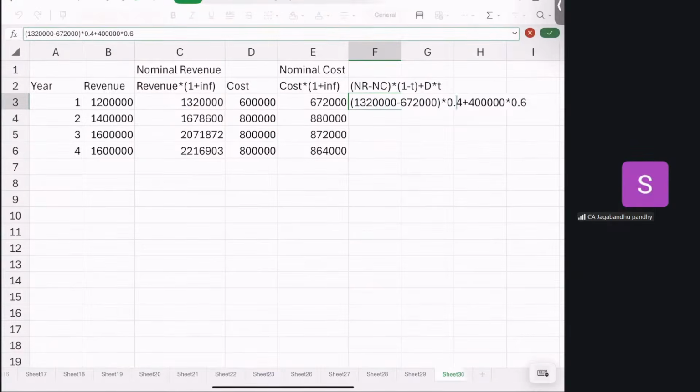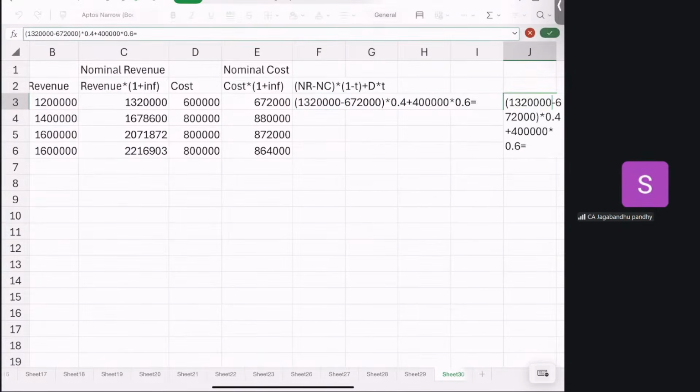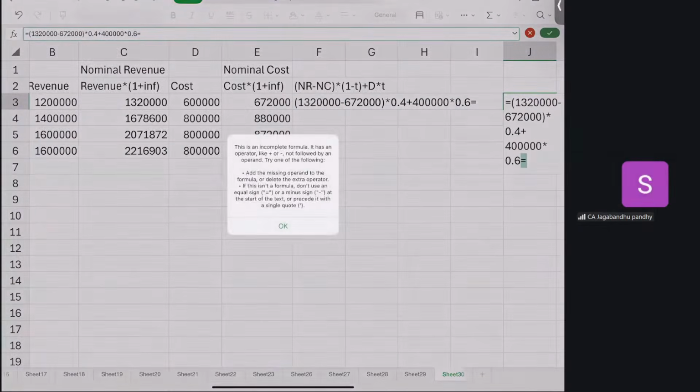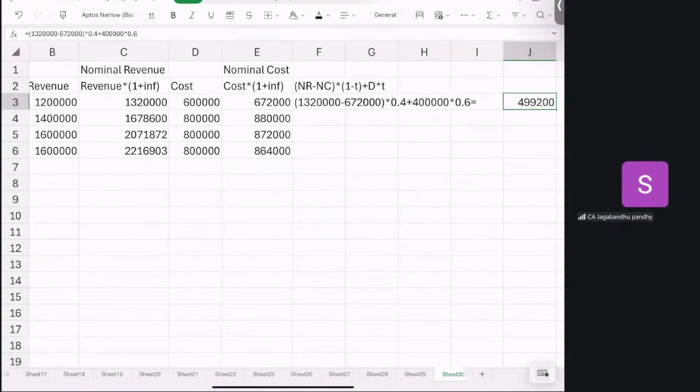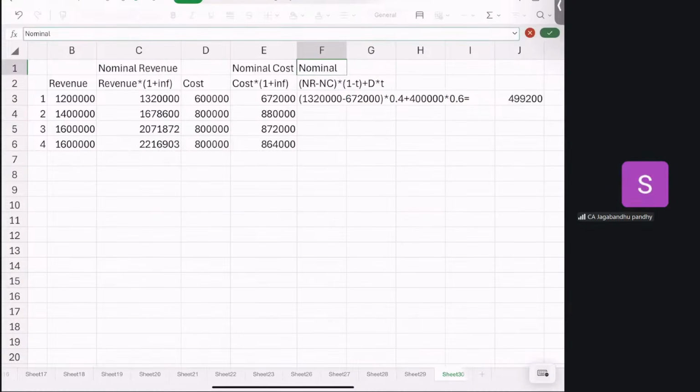So this happens to be what? Four lakh 99,200. Okay, that's your nominal annual cash flow.